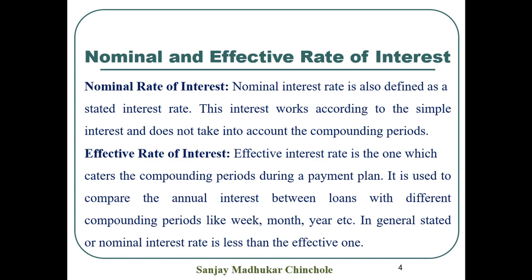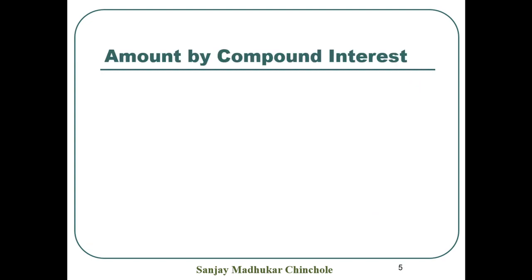Effective rate of interest is generally used to find the compound interest, and nominal rate of interest is used to find simple interest.